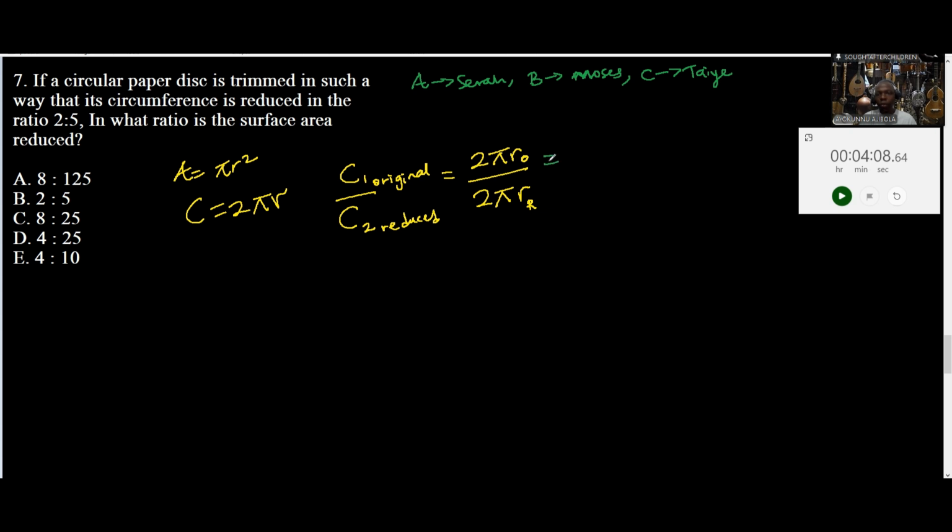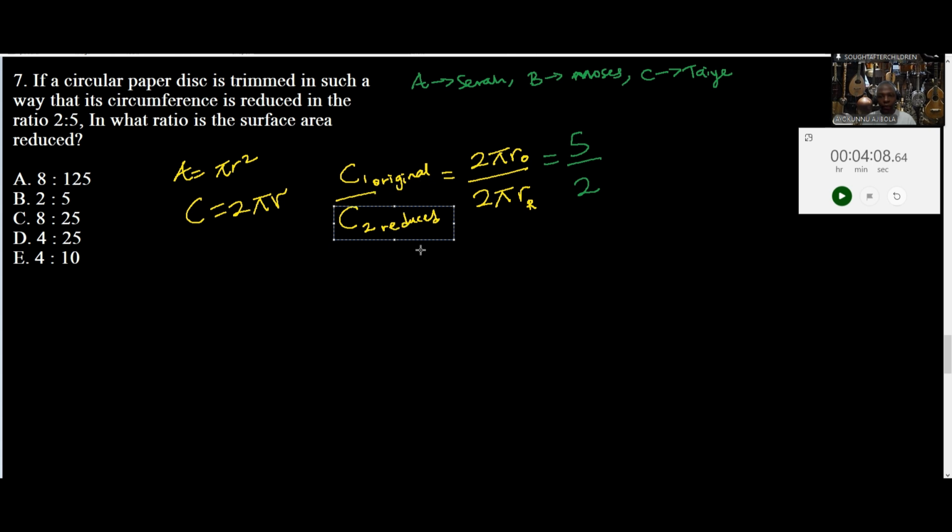That is to get the ratio. The ratio is going to be what? 5 ratio 2, because the original is the bigger one, while the reduced one is the 2. Or I could switch it so that you don't get confused and put the reduced at the top while the original is at the bottom.